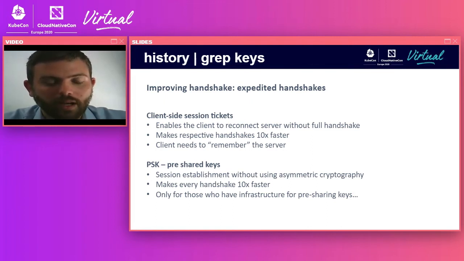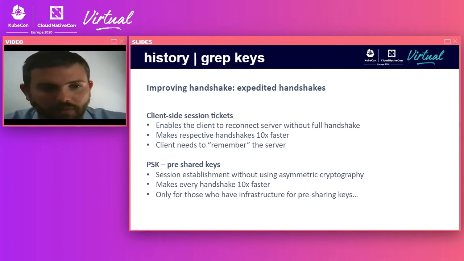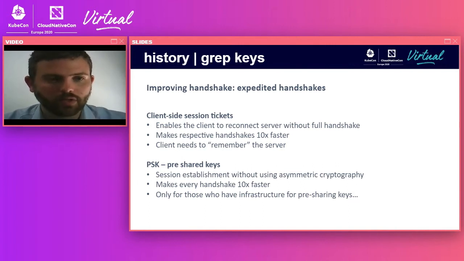But that's not the point, because if the client closes the connection and decides to reconnect to the same server, it can take the same ticket and do an expedited handshake, where the server takes the ticket, decrypts it, and uses it as a session key, which is like 10 times faster than doing a new key exchange.